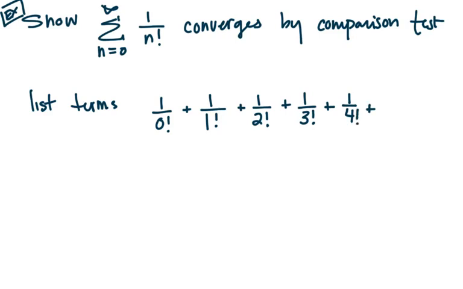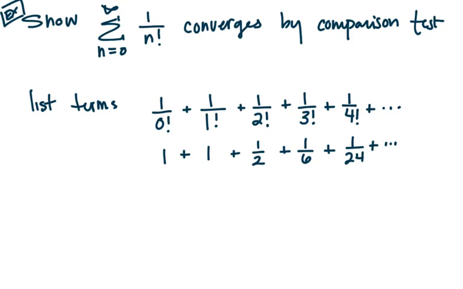We can do this all day. 0 factorial we know is 1, so that is 1, plus 1, 2 factorial is 2, so 1/2. 3 factorial is 6, 3 times 2 times 1, so I've got 1/6, and 4 factorial is 24. So this is what our series looks like.